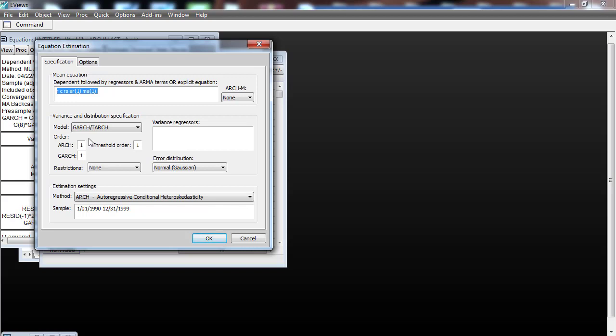So what we have here, okay, now we'll go to EGARCH, which is exponential, and we leave everything as it is here and then we press OK to see this model.